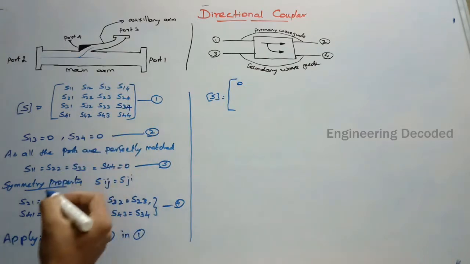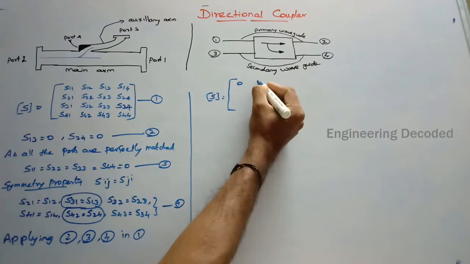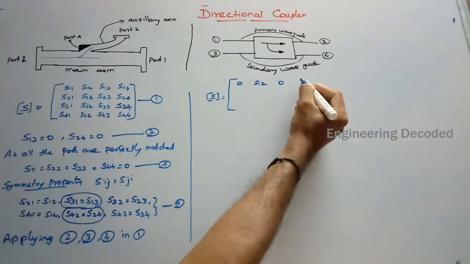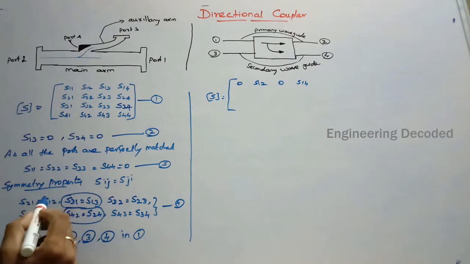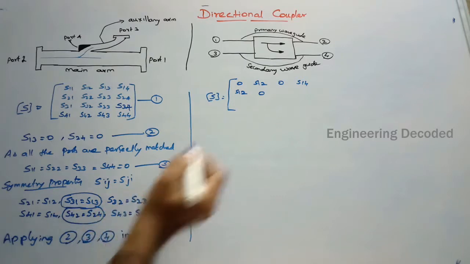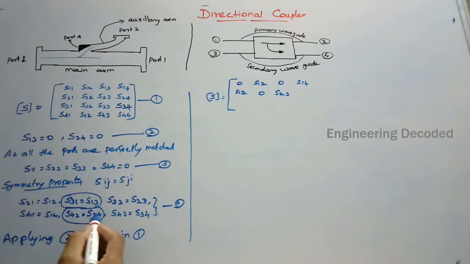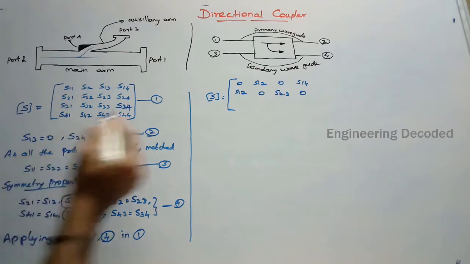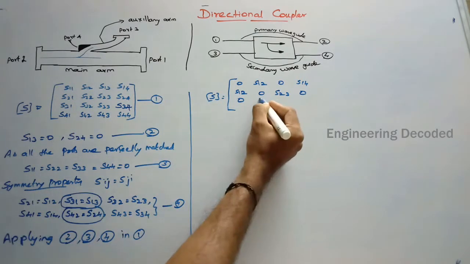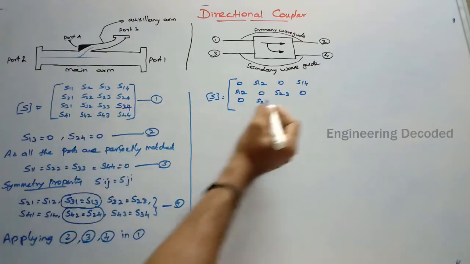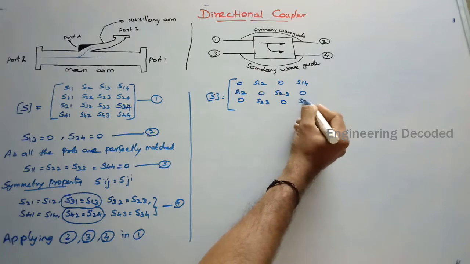So 0, S12, S13 is equal to S31 is equal to 0, S14, S21 is equal to S12, S22 is 0, S23 is S23 itself, S24 is equal to 0, S31 is equal to S13 which is equal to 0, S32 is S23, S33 perfectly matched, so it is 0, S34 is S34 itself.